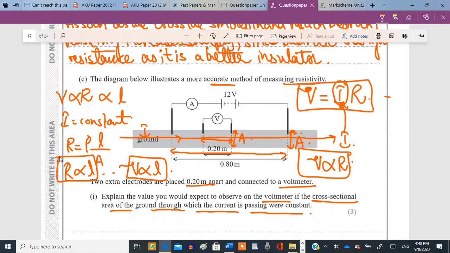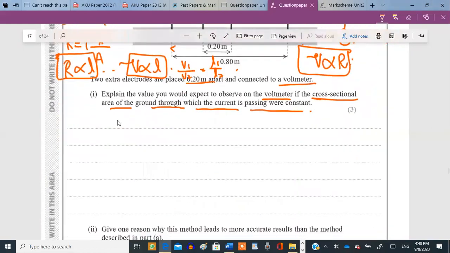Okay, so now if voltage is proportional to the length, I'm going to use this relationship to get the value for the voltmeter, and it's going to be pretty easy. Now see, whenever you have a direct relationship, you can say that V1 upon V2 is equal to L1 upon L2, right?